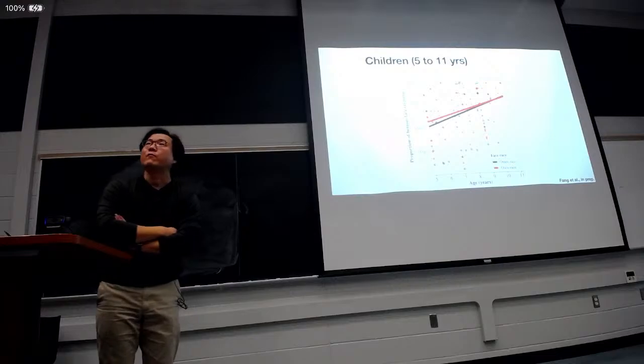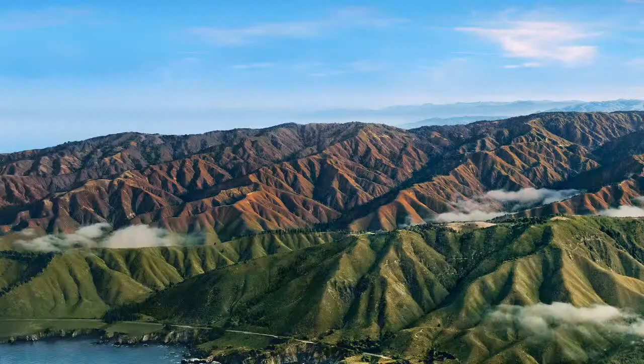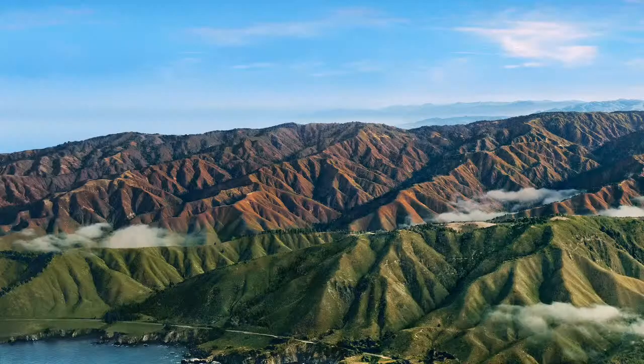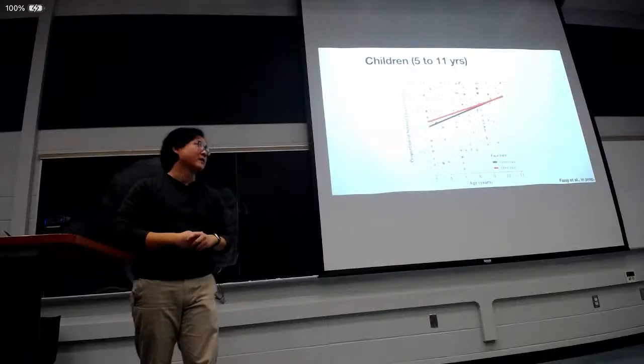What we didn't see, unfortunately, is any difference between own or other race faces put on the screen. So these are children, I have to be clear. I'm sorry, I didn't put that here: these are all Caucasian white kids we studied here in Canada.